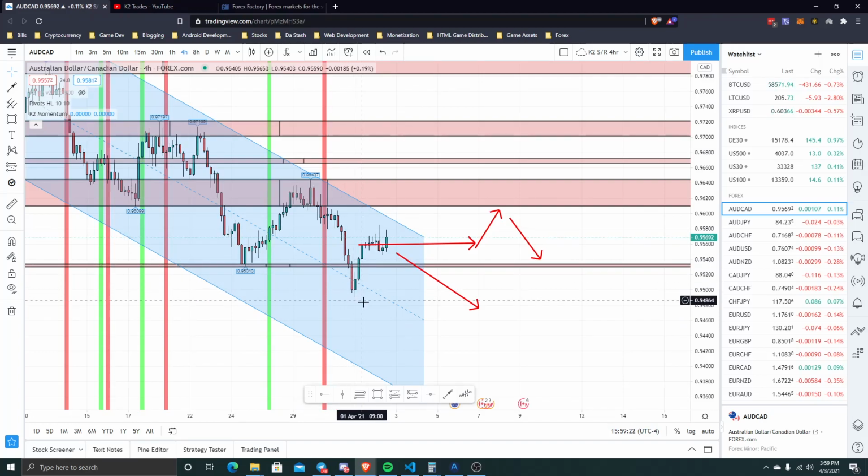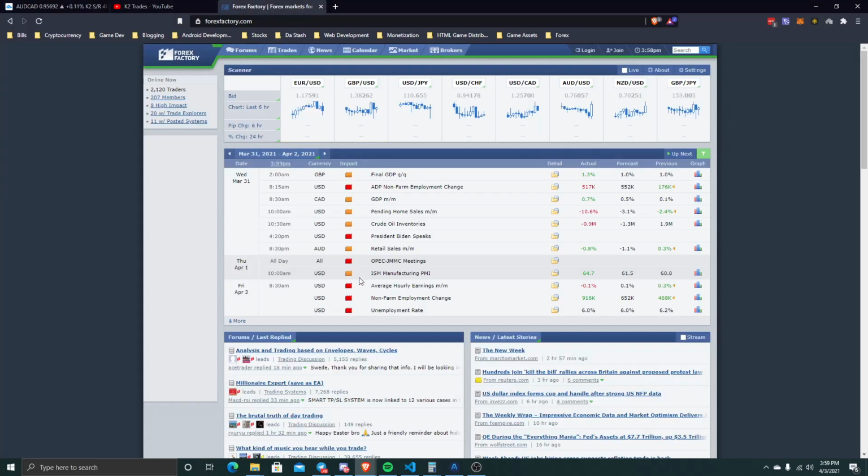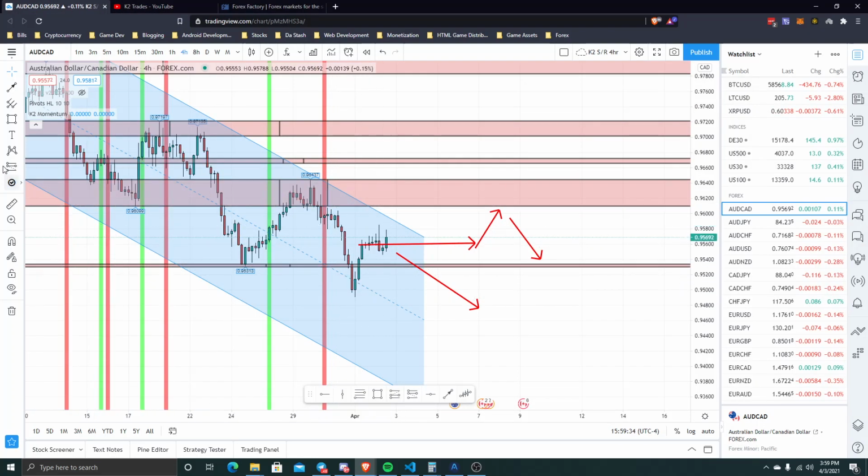So yeah, that was news as you can see here. AUD had some good news. So that's where the price decided to shoot back up for a little bit, temporarily, based off the news.